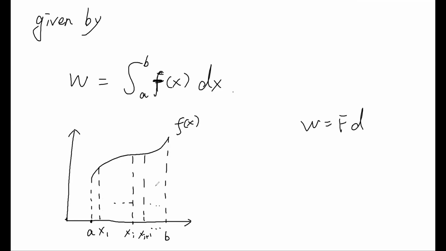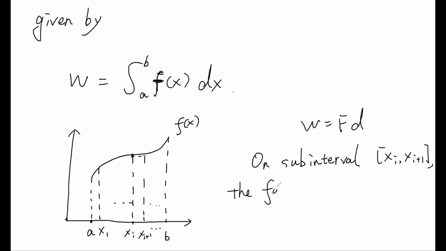And there are a lot of other subintervals here. So if we do that, then because the subintervals are small enough, on this subinterval xi to xi plus 1, the force is approximately a constant.